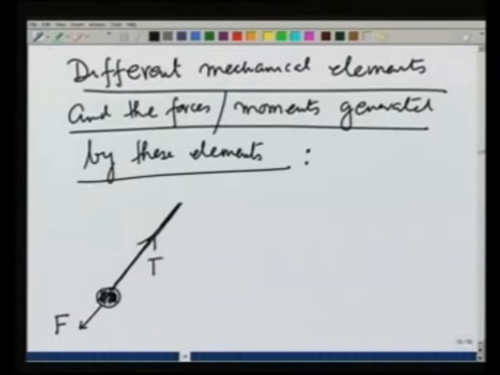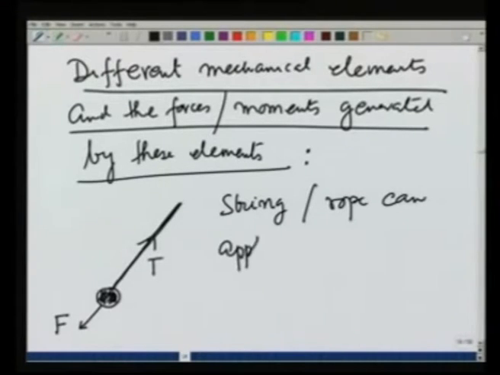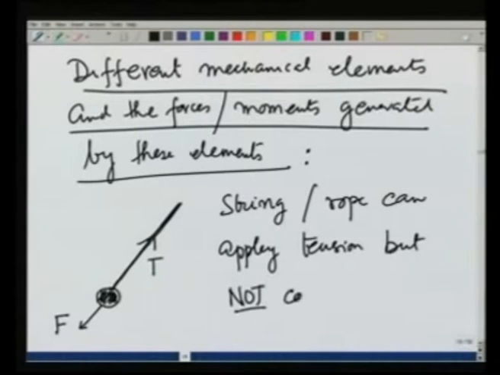But remember, a string or a rope can apply tension, but not compression. That is, if I instead push the ball the other way, the string would not be able to stop it.